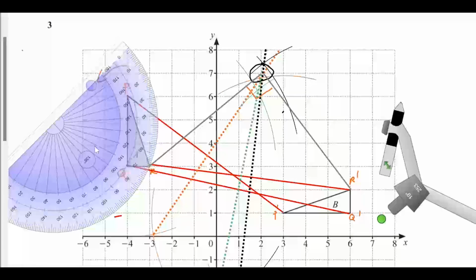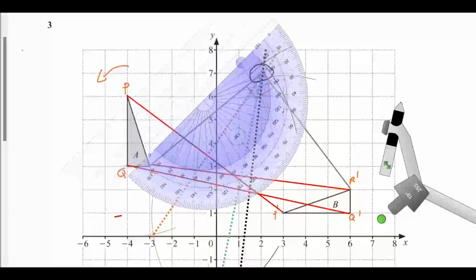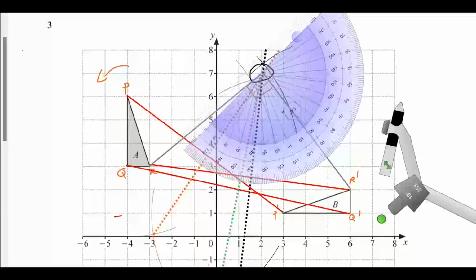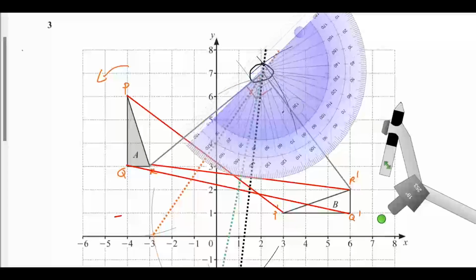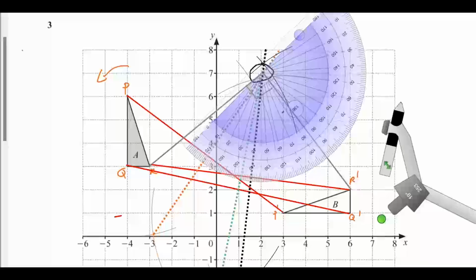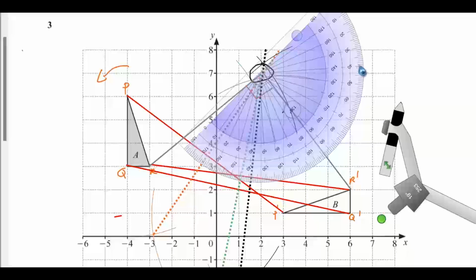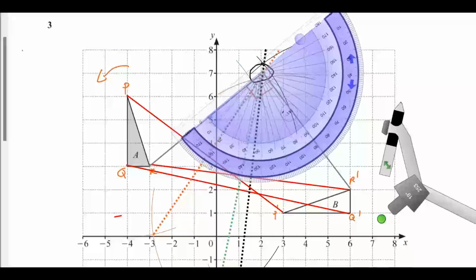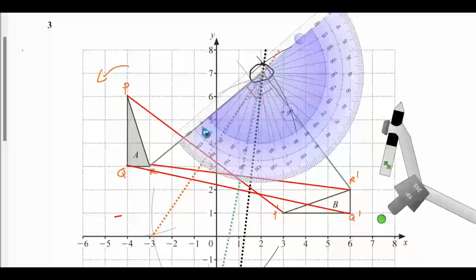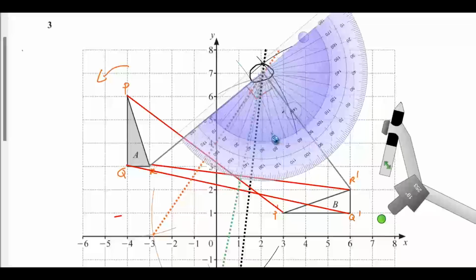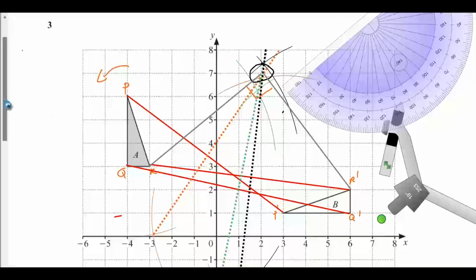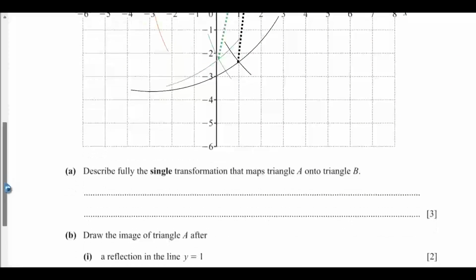If you want to confirm this, you can make use of your protractor, with the center of the protractor at the center of rotation. Then you set this to be 0. If you count anticlockwise from the object to the image, it is 90 degrees. So we are done. I can remove this now. Let's scroll down and complete the information.